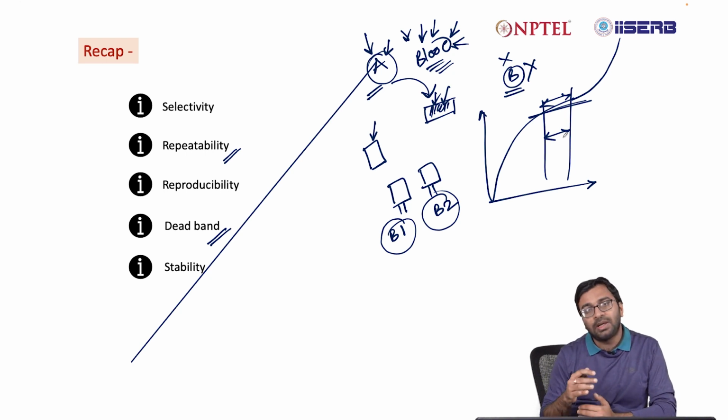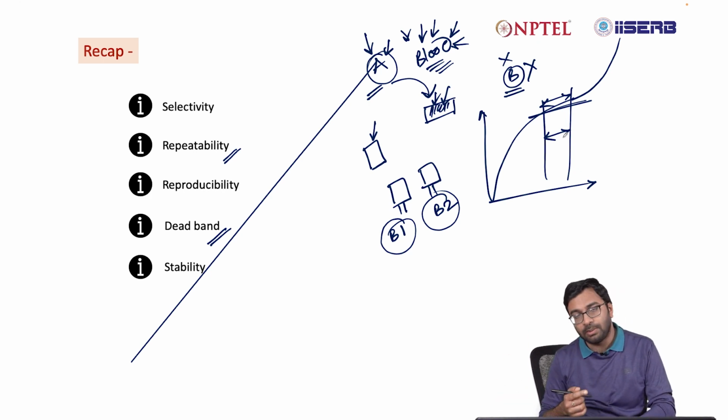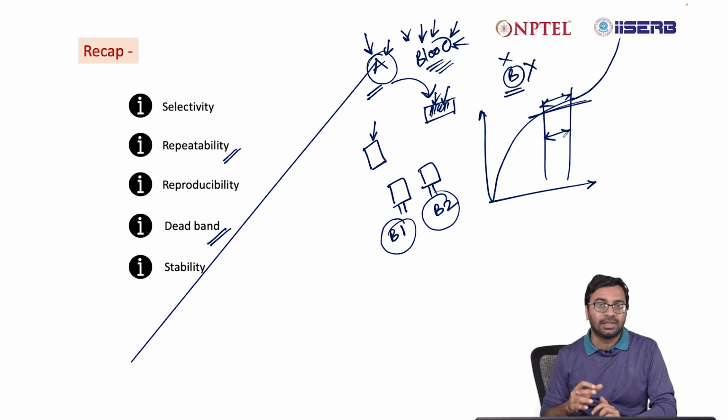So all these stability parameters are to some extent interlinked. If your sensor is not mechanically stable, you will find that the same is getting reflected in your electrical output. Okay, so stability will also play a role in deciding what kind of material and what kind of sensor you should make.